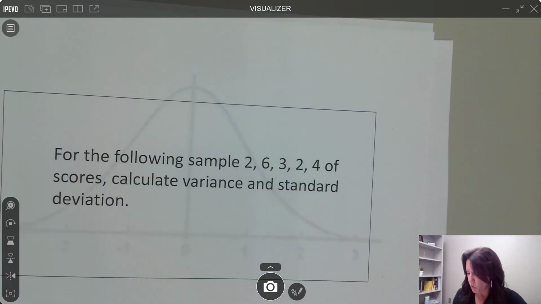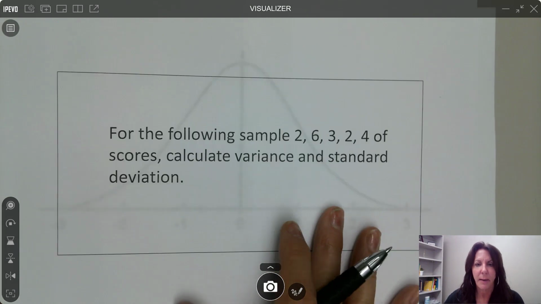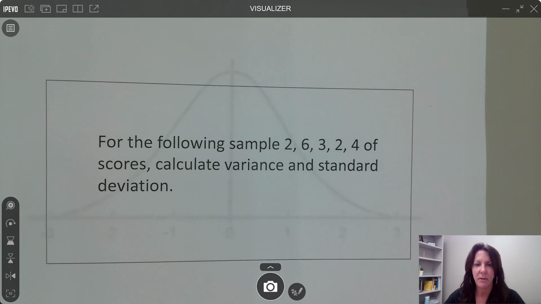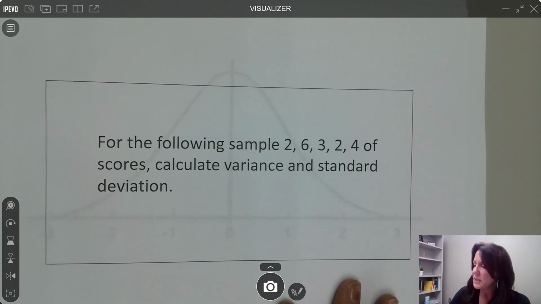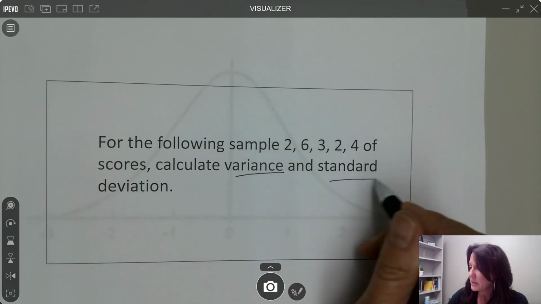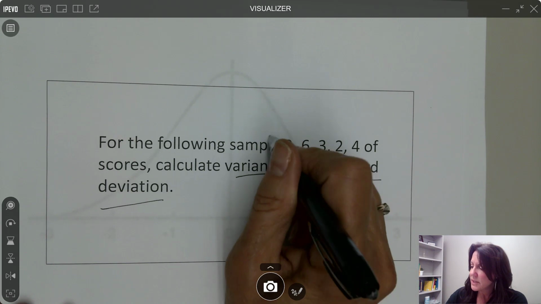All right, we have one more. Just one. That's it. You can do this. And for this one, we're going back to our Excel sheet that has all of the things that we need. First of all, we want to know what it's asking us to do. This one's a two-part. It's asking us for variance and standard deviation, both of those things. Okay. And it's for a sample.